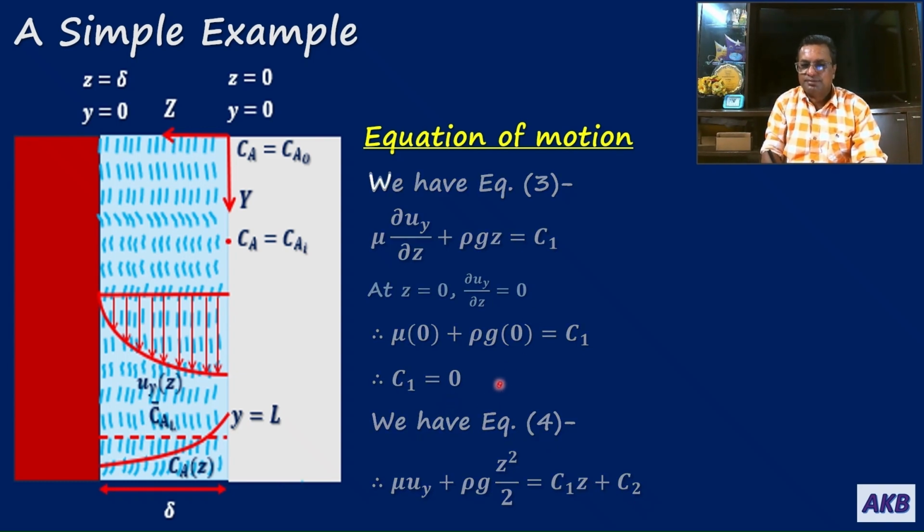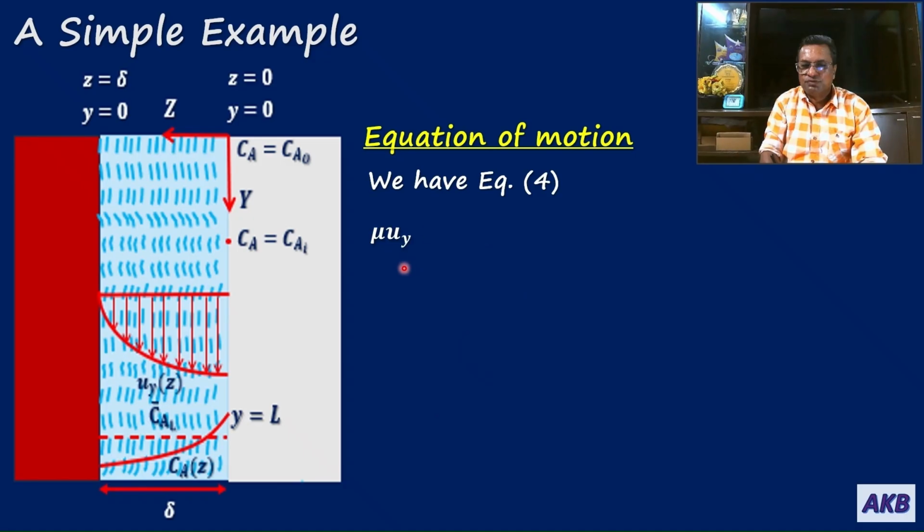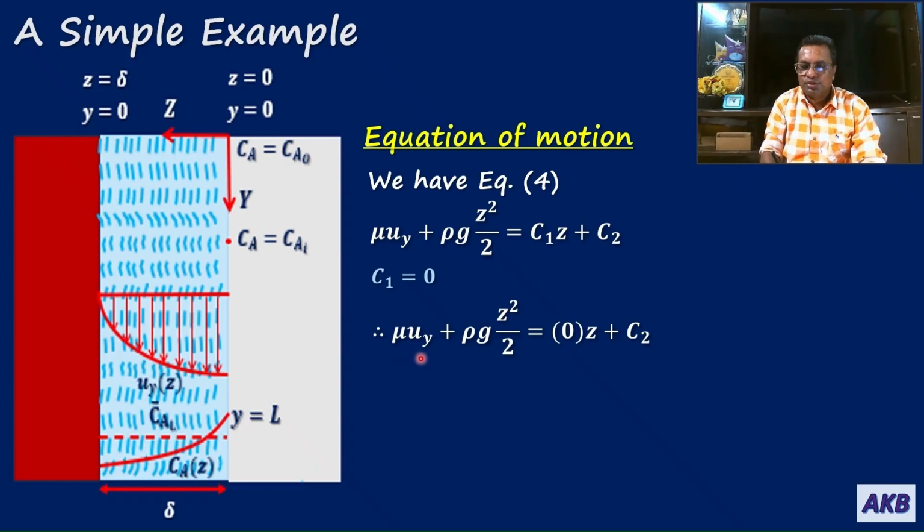Let us move ahead. So we have equation 4, mu into uy plus rho g z square by 2 is equal to C1z plus C2. C1 is 0, so the equation will be mu into uy plus rho g z square by 2 is equal to 0 into z plus C2. That is, mu into uy plus rho g z square by 2 is equal to C2.